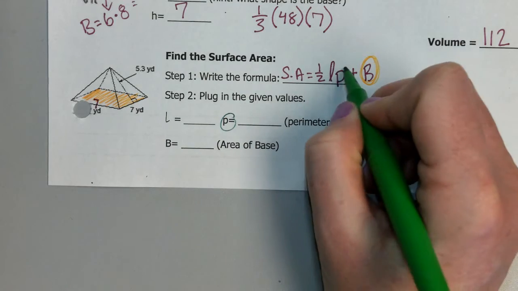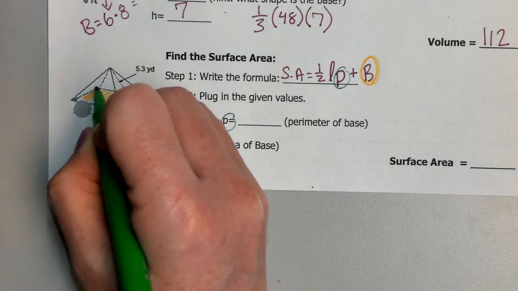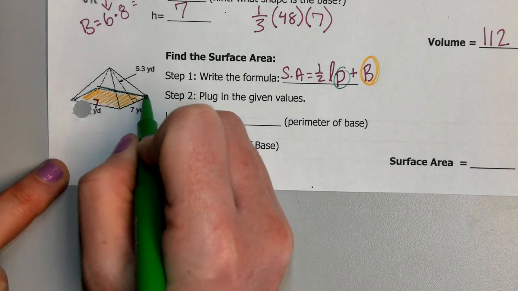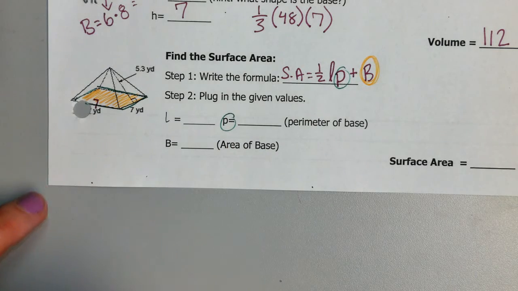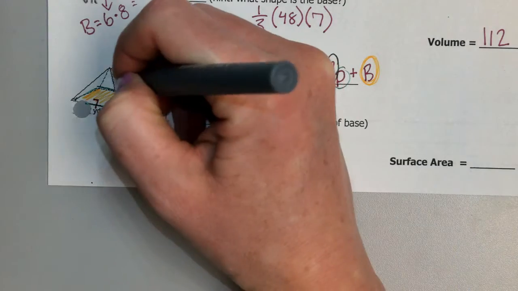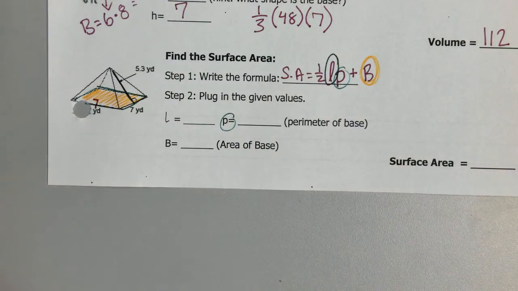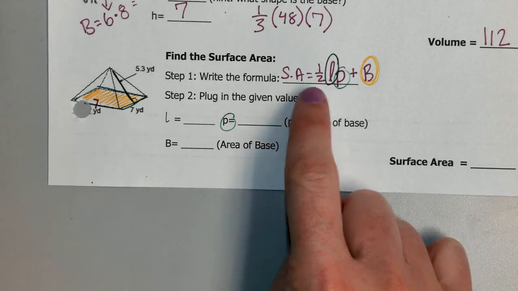P is the perimeter of the base, so it goes around all the bottoms. And L is your slant height. So, big B is the area of the base.